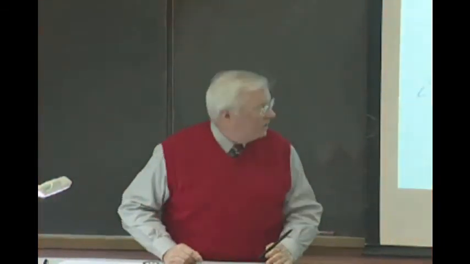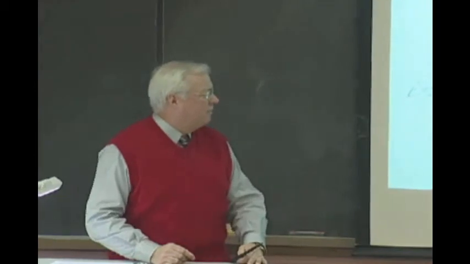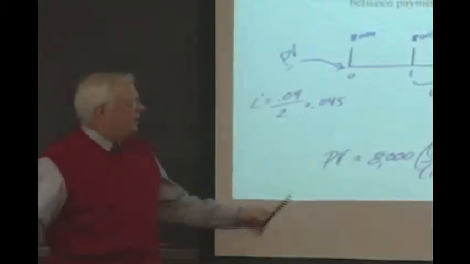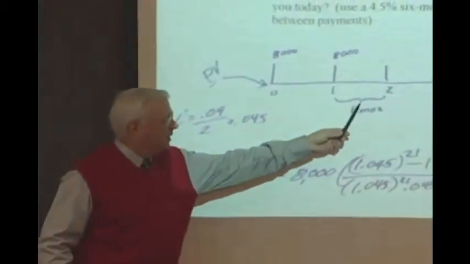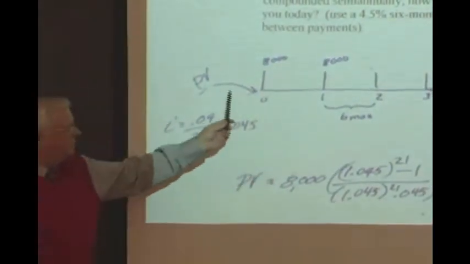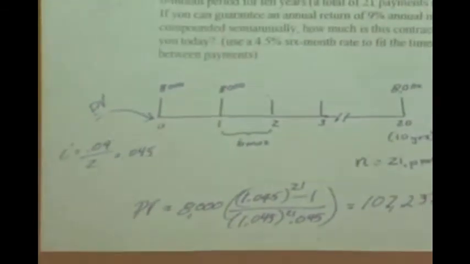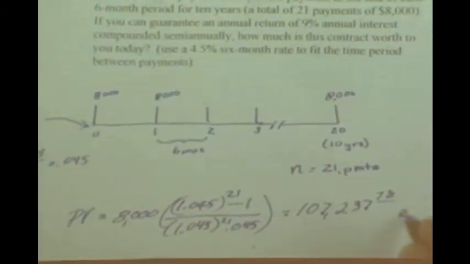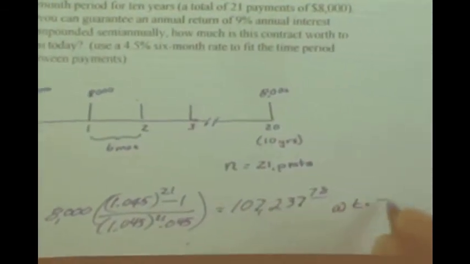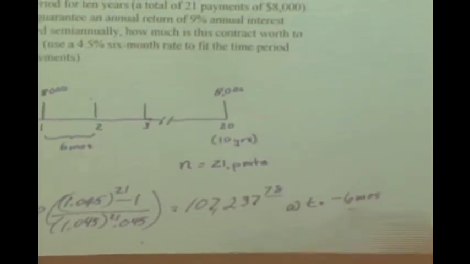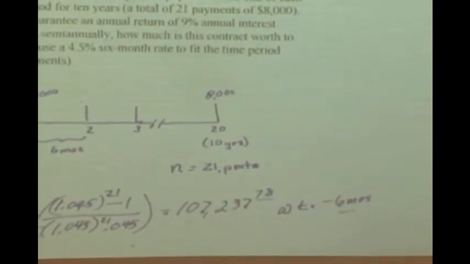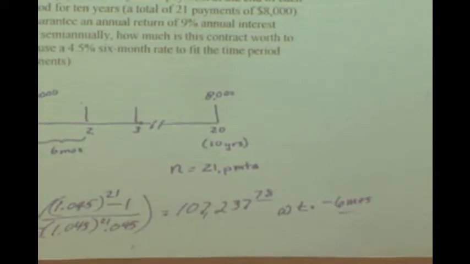Minus 1. Yeah. Oh, well, actually, since there's 6 months between payments, it'll be a 6 month period before the first payment. So this is at time minus 6 months. And to get it to time 0, we bring it forward.